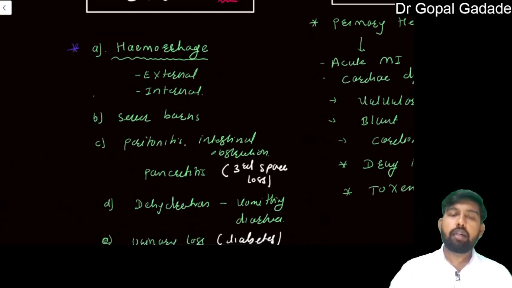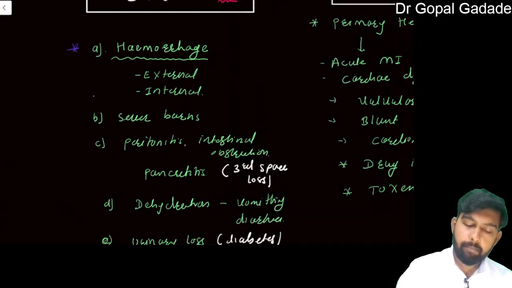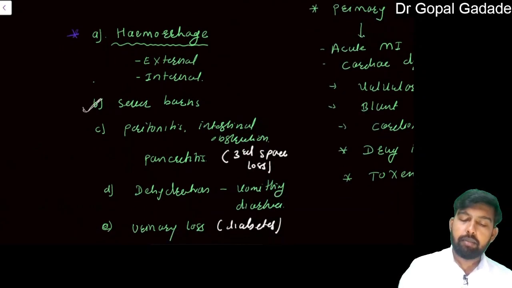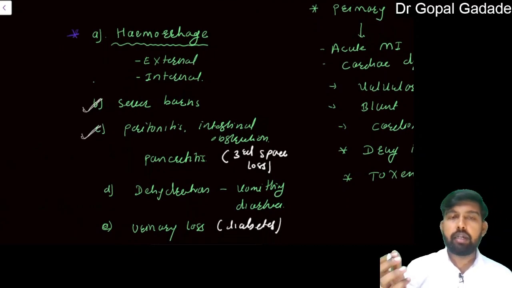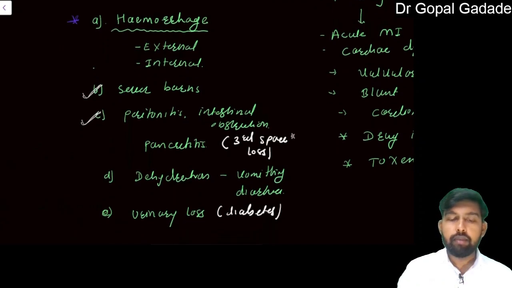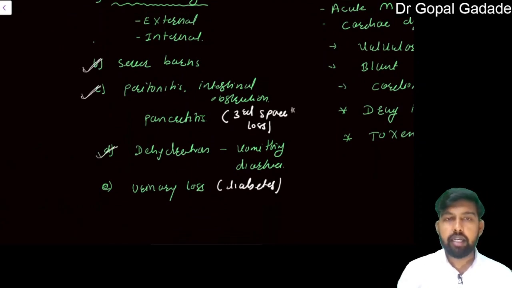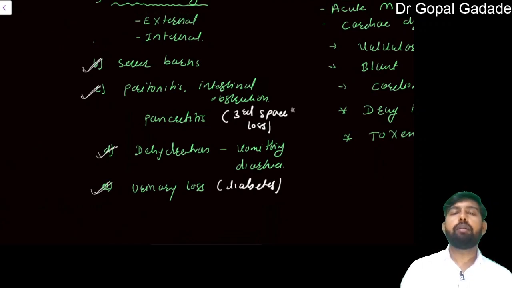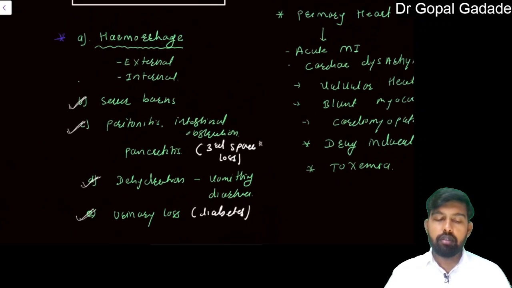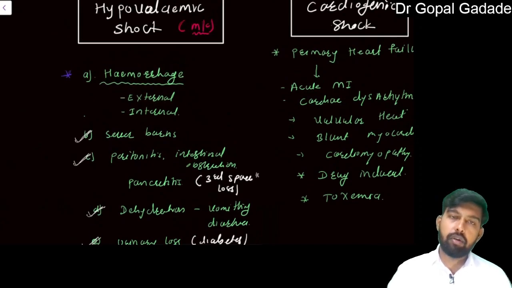It can be due to severe burns, or to peritonitis or intestinal obstruction, which ultimately lead to third space volume loss. It can be due to severe dehydration from vomiting and diarrhea, or to excessive urinary loss, like in diabetes. So these are the causes of hypovolemic shock.